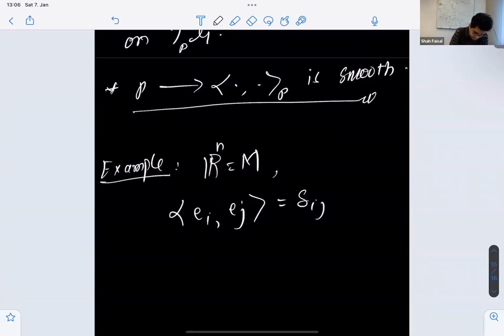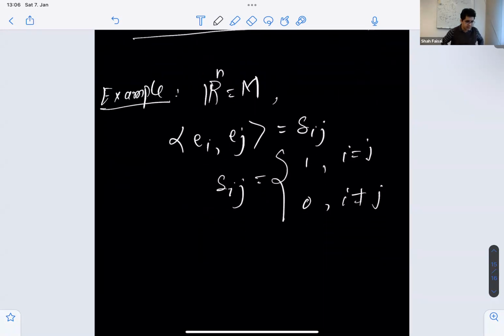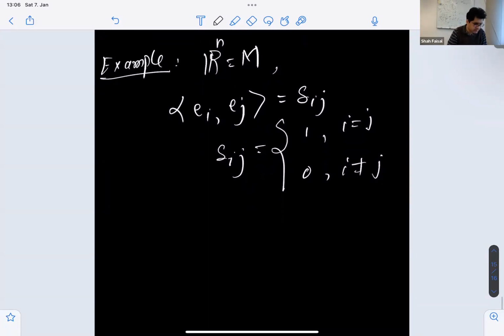So let's say the Kronecker delta: it's 1 if i equals j and 0 otherwise. That's the standard inner product. But of course, you can define other inner products on Euclidean space in many ways.